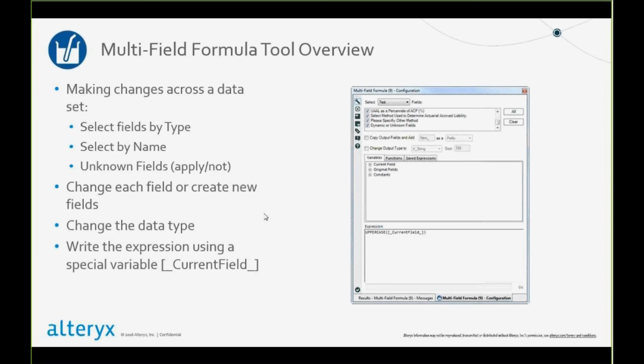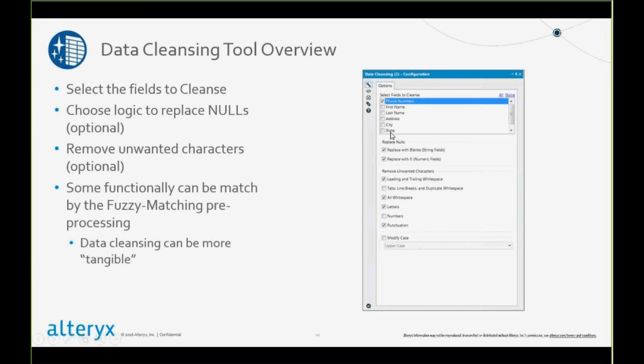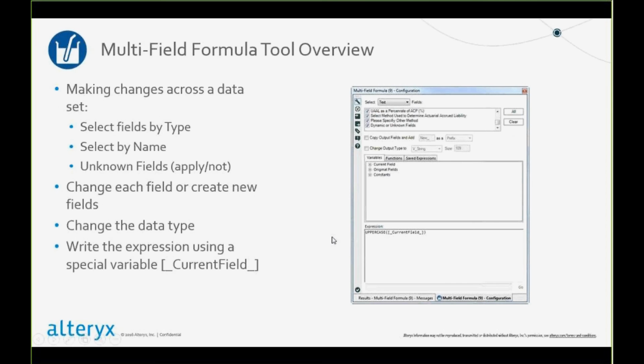Really the only downside is this tool can perform one function on any number of fields, whereas with the tool before, you can choose as many fields as you'd like to perform any of these functions. So just keep that in mind, but if the Data Cleansing tool doesn't do exactly what you need, you always have the Formula tool or the Multi-Field Formula tool at your disposal to create completely custom expressions.